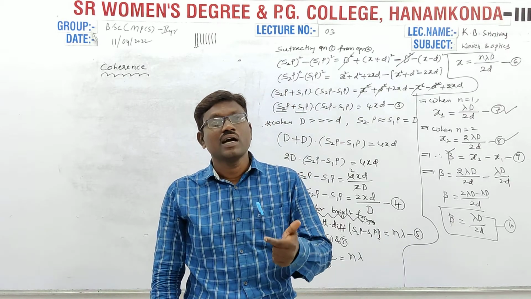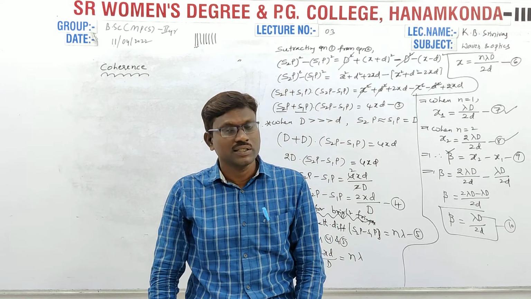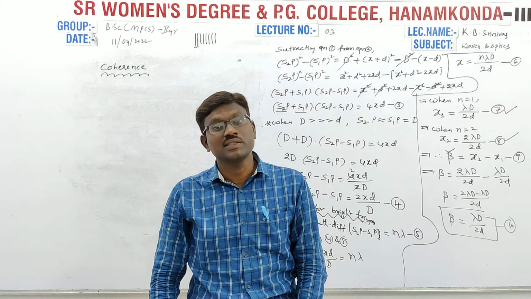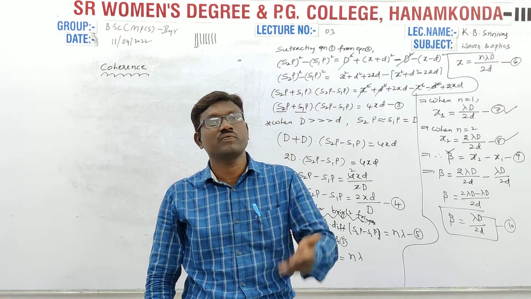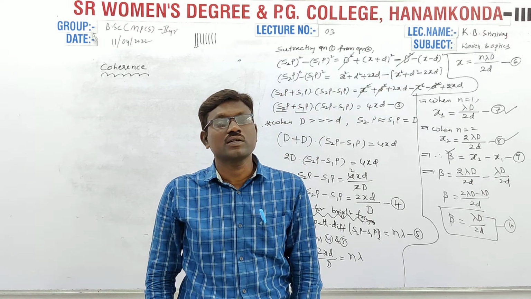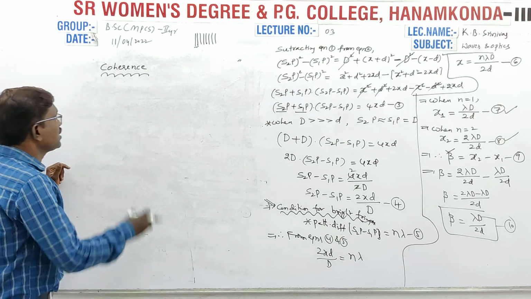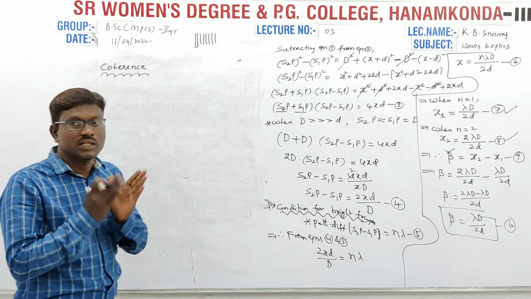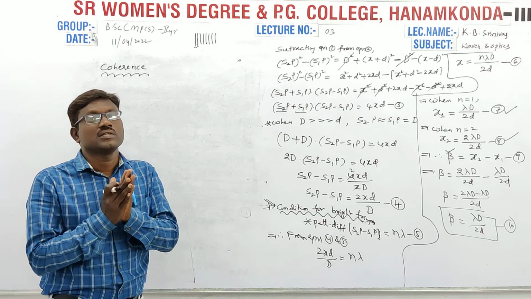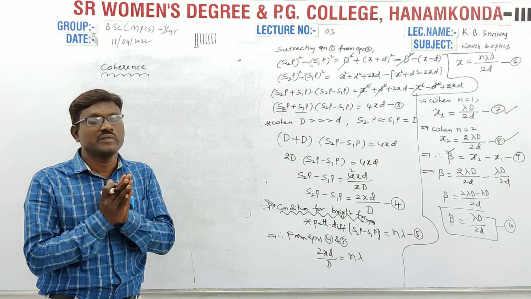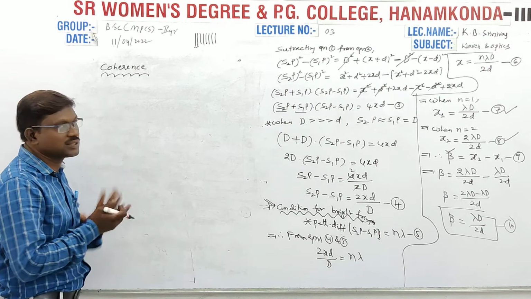That means having same phase between the sources is known as coherence, and the sources which are emitting the waves having same phase difference are known as what? Coherent sources. How do we define coherence? It is a phenomenon having same phase or constant phase difference between the two sources of light is known as coherence.